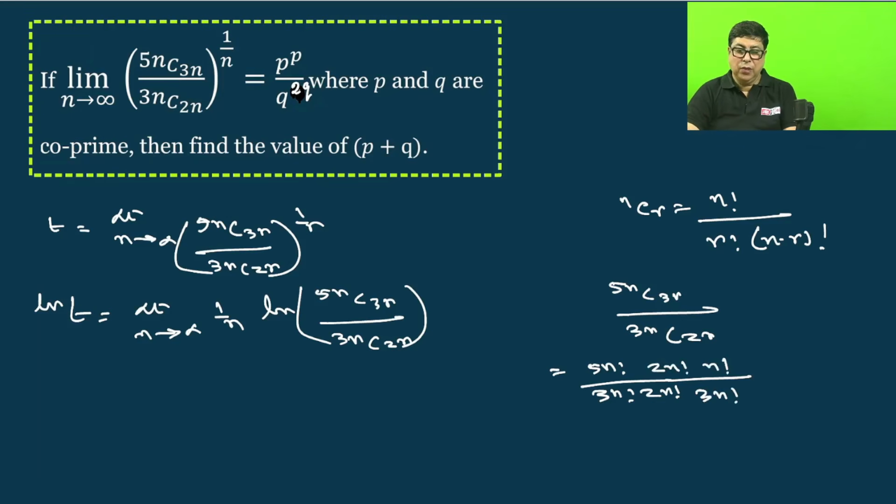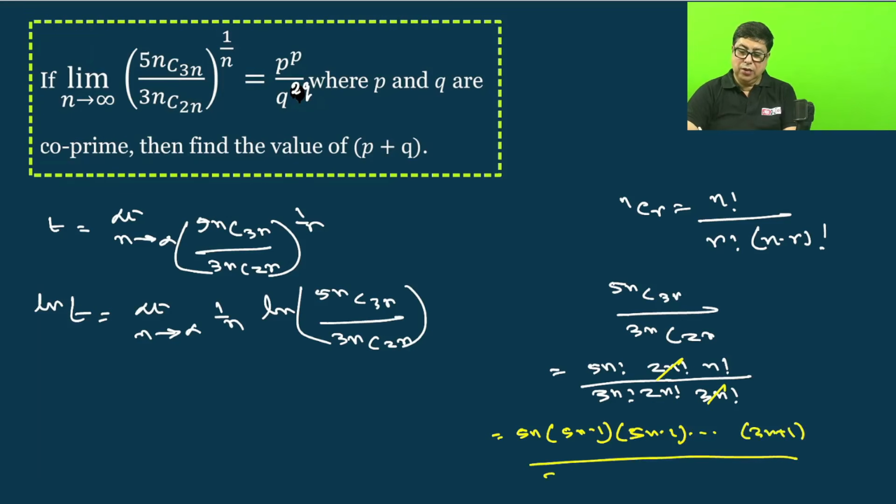Therefore I can cancel 2n factorial, and if I open this, we are getting 5n into (5n minus 1) into (5n minus 2) continuation to (3n plus 1), divided by 3n minus 1 dot n plus 1.